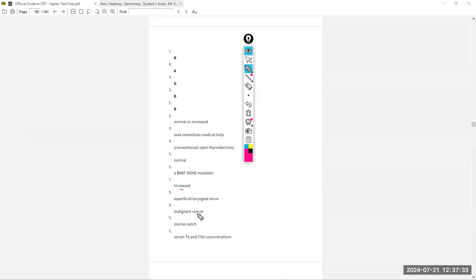Two, superficial laryngeal nerve, malignant cancer, sternum notch, and serum T4 and TSH concentration. This is really amazing, and this is exactly about writing a short answer. Short answer, as we said, is not a complete sentence, so we have to avoid writing complete sentences, not like when we are at school.